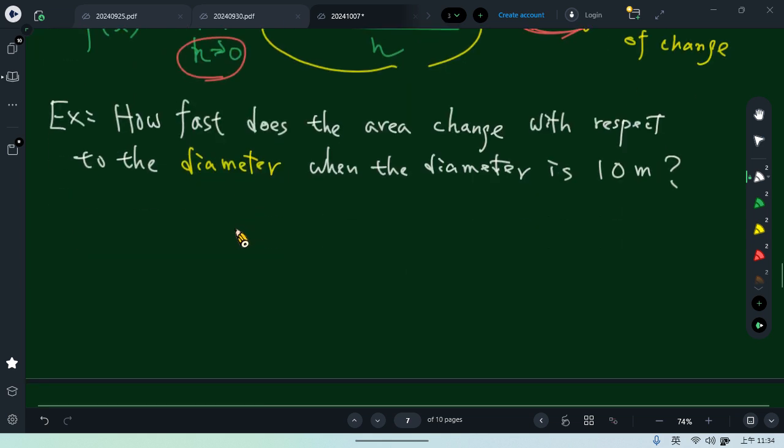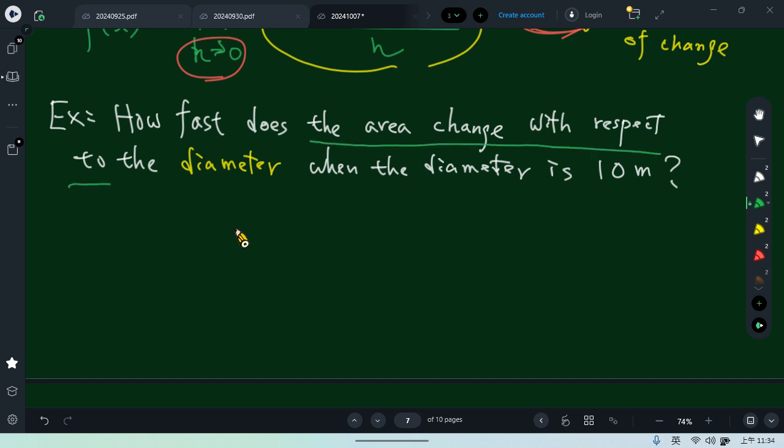Okay, so please look into this question. This question is asking how the area changes with respect to the diameter. We may know that for a circle, the area depends on the diameter. Diameter means here, right? This is the area, this is the circle, this is the diameter.